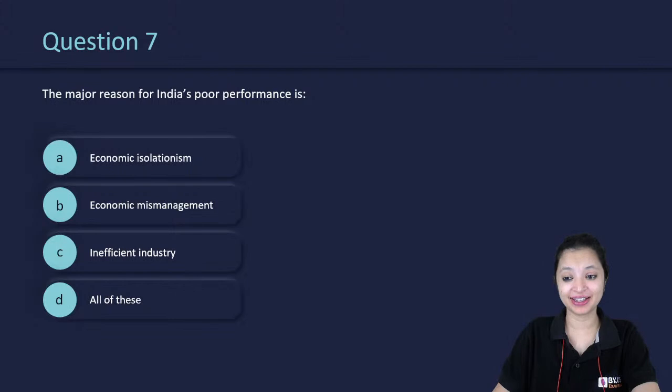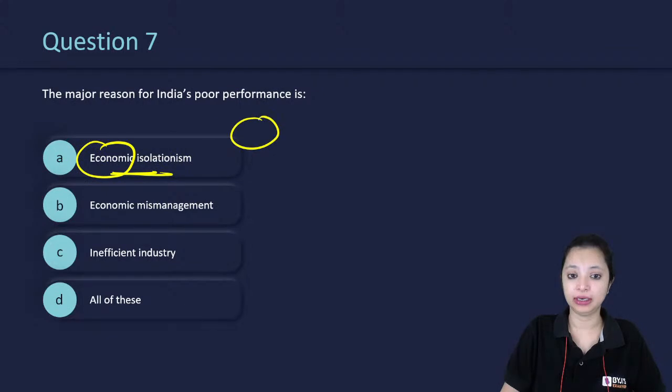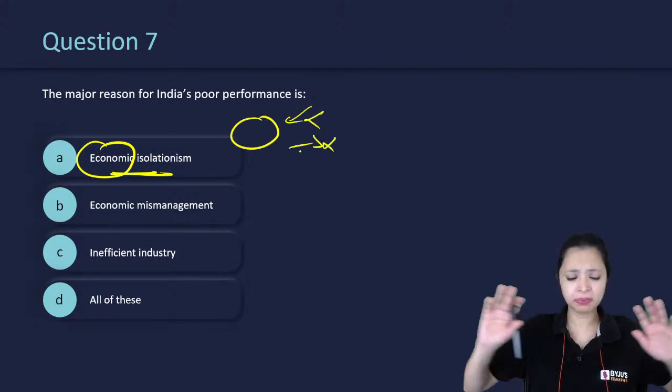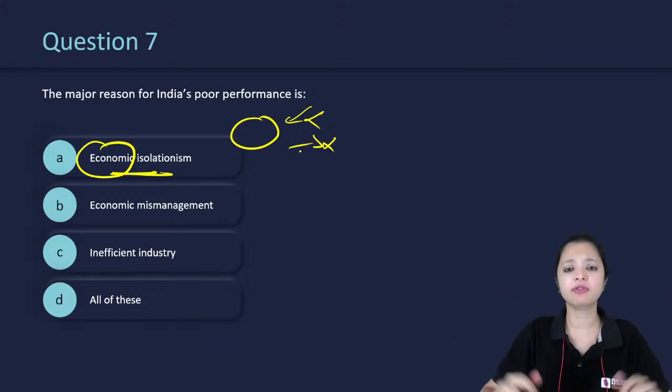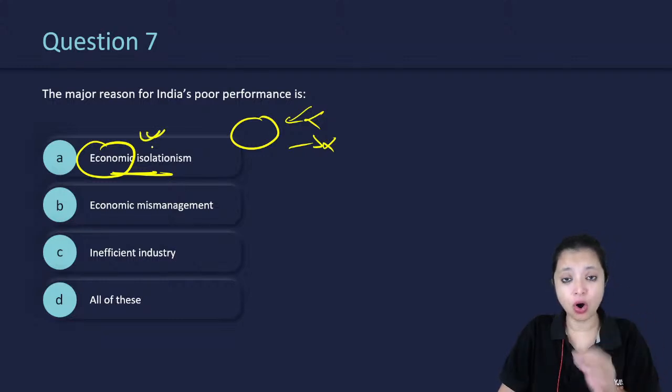Use your mind. It's economic isolationism. Just a minute, let me show you back to the page. There's one line that clearly says that our economy was isolated. No import allowed, no export allowed. Don't compete with the market. We are self-sufficient. The moment the author says we were isolated, this is exactly what went wrong.